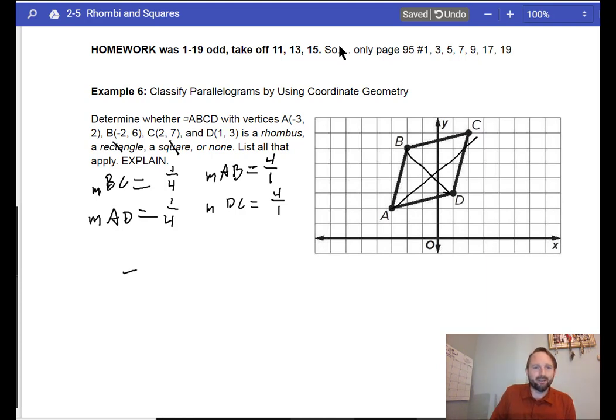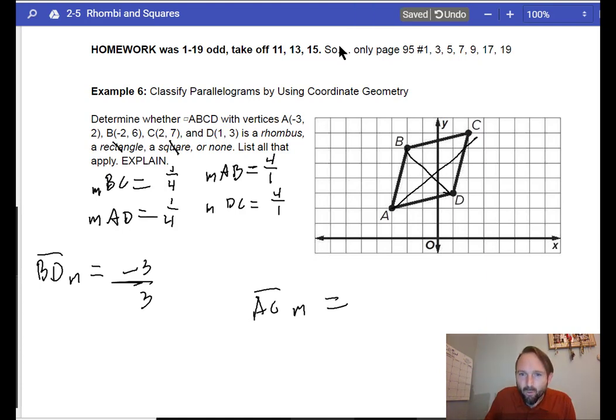So down 3 over 3. What about AC? This has to be 1 as well. It goes up 1, 2, 3, 4, 5 over 5, that's equal to 1. These are perpendicular, so the diagonals are perpendicular. So this is a rhombus.